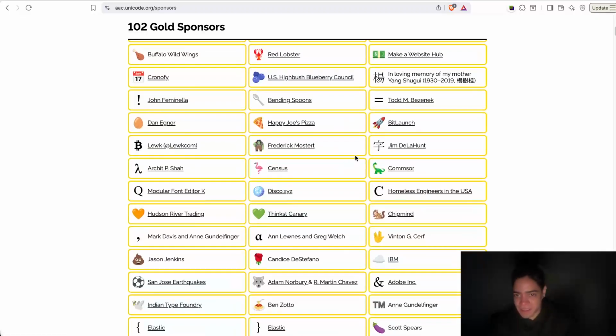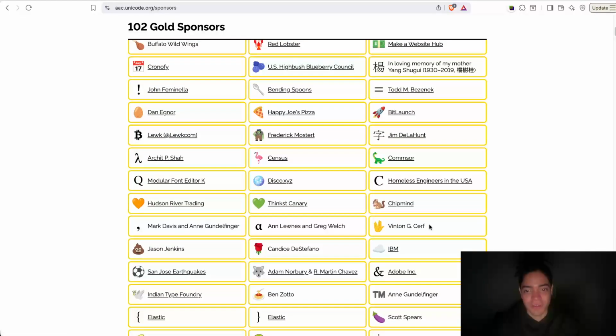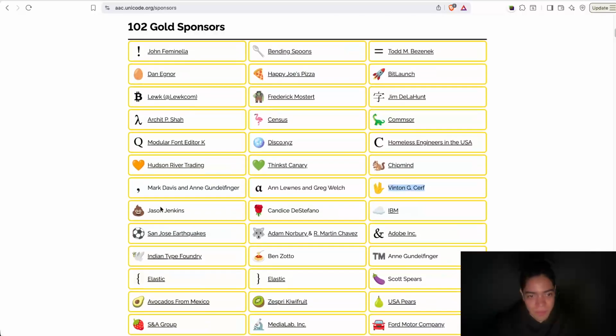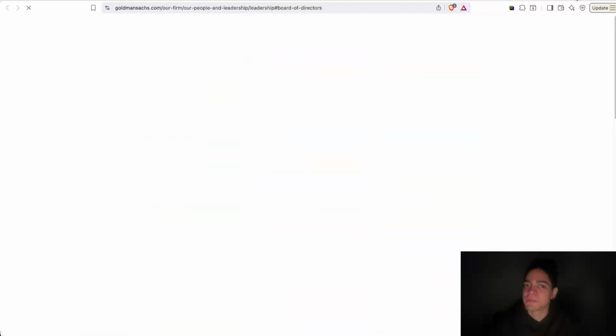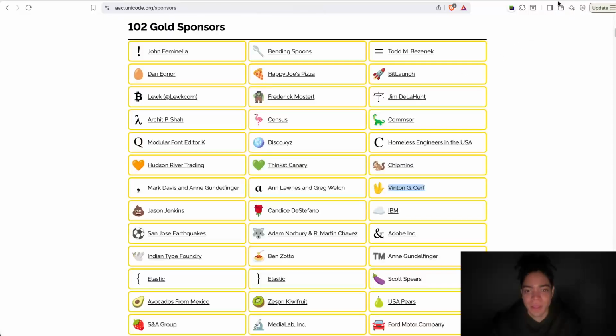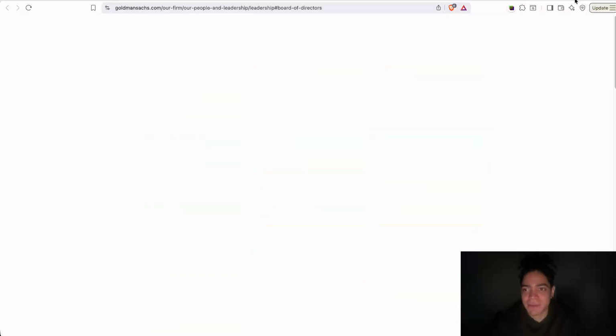So all of this, even Vinton Cerf, the father of the internet, one of the fathers, Jason Jenkins, IBM, San Jose Earthquakes, and R. Martin Chavez. Goldman Sachs, what the fuck? One of the board of directors. R. Martin Chavez, Goldman Sachs, bro. I didn't expect that.